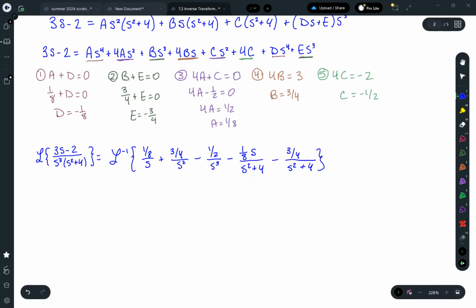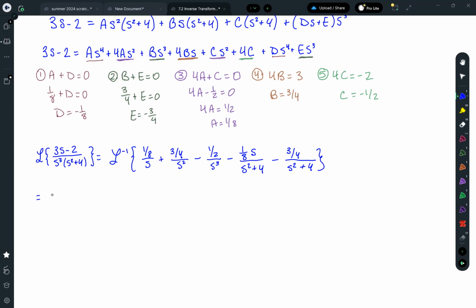Okay, so instead of taking the Laplace inverse of one fraction, it actually turns out I have to take the Laplace inverse of 5 fractions, and none of them are quite right. So I'm going to start working on that too. First, I'll use linearity to pull all those fractions out and look at each of the individual ones on their own.